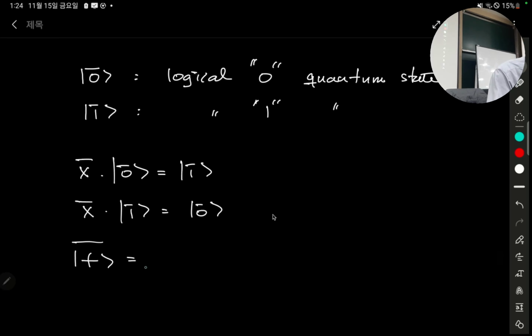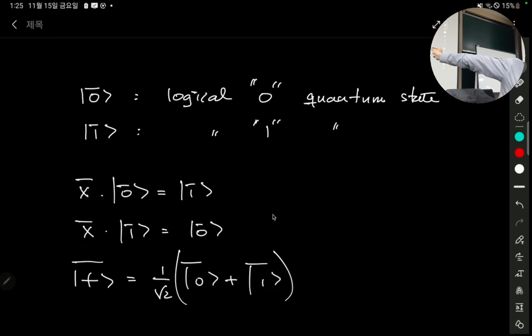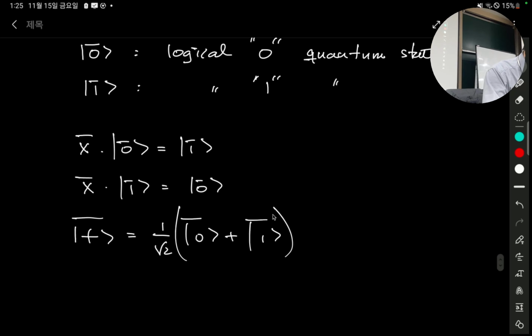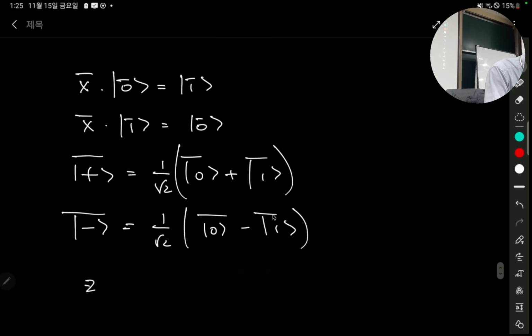So this is considered to have the same meaning as the plus state of a physical qubit, which has the same chance of being the 0 logical state and the 1 logical state, and the minus logical state is similar. And what the logical Z gate does on the plus logical state is change it to the minus logical state, and vice versa.